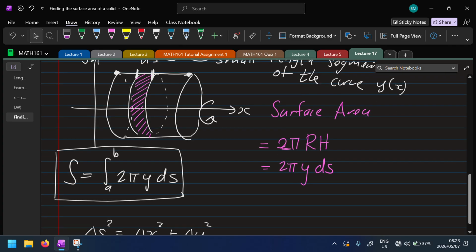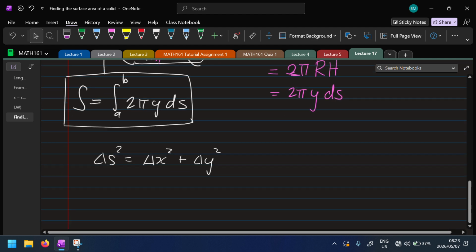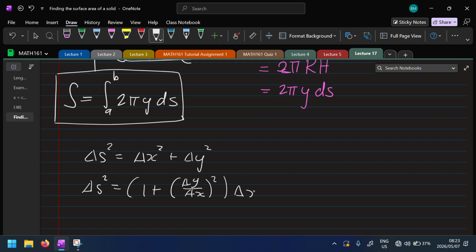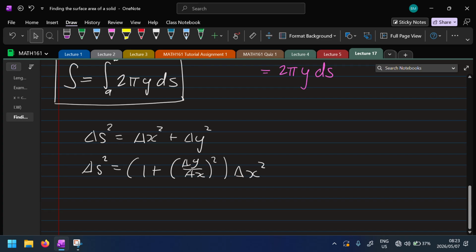So a little bit different, but same idea. We're going to divide through by delta x squared and then times by delta x squared. Same idea as we did with the delta t, but now y is a function of x. So we write it like that.